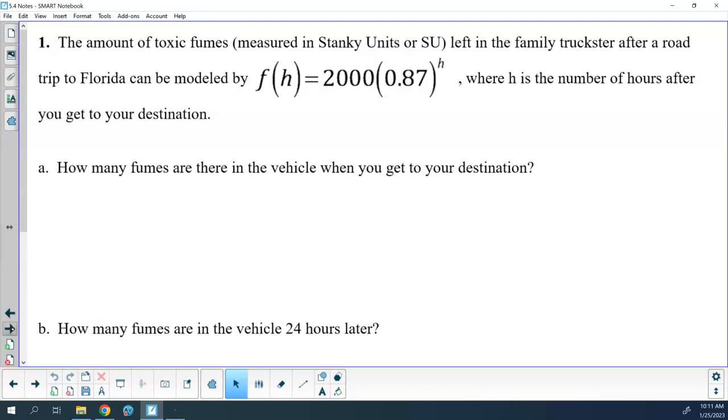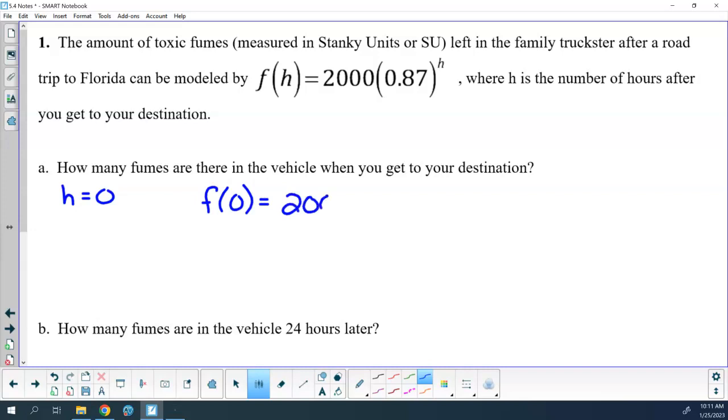Okay, so h is 0 here. So we need to plug in 0 for h in our function. We need to find f of 0. Well, that would be 2,000 times 0.87 to the 0 power.